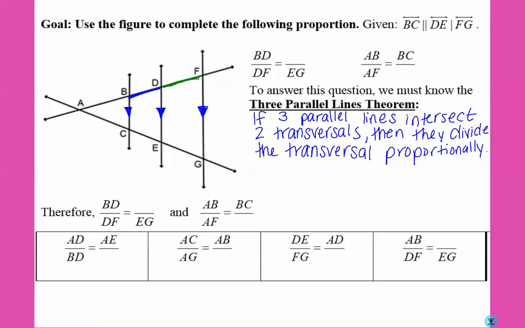EG is on the bottom with DF. So those two, we go from top to bottom straight across. Whatever's going to go with BD would have to be, that's the top, the bottom is CE, and it's straight across from it.